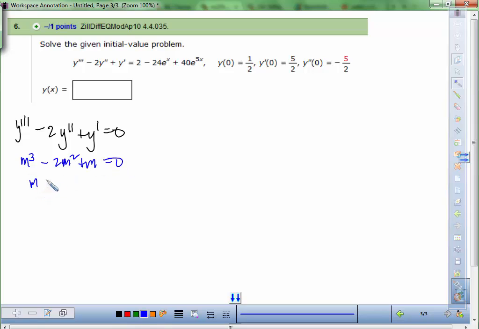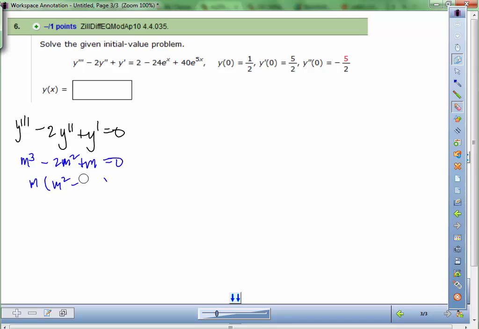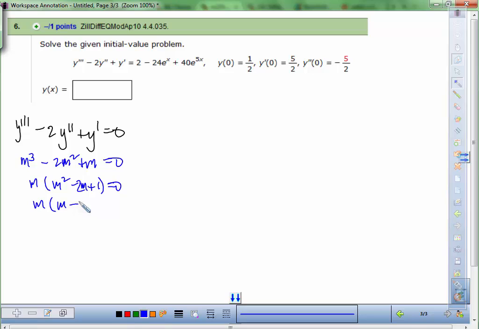So we have m times (m minus 1) squared, which will have multiplicity 2. And so we have m is equal to 0, m is equal to 1.